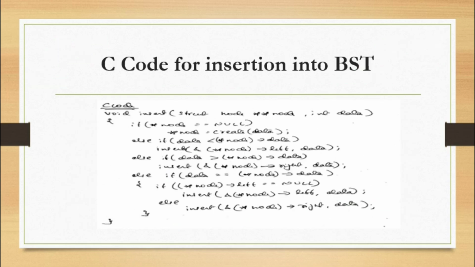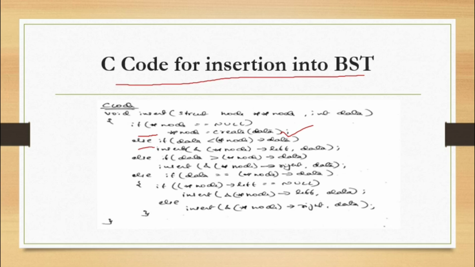So this is the C code for the insertion into the binary search tree. How do you insert? If node is equal to null, then you have to create a node with the data. Else, if this condition is not true, then check if data is less than node's data.